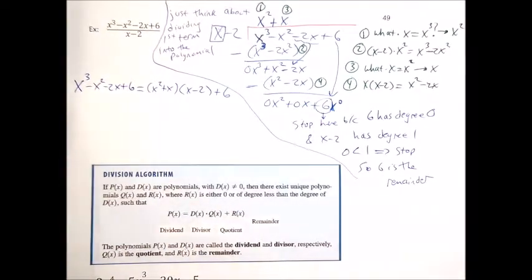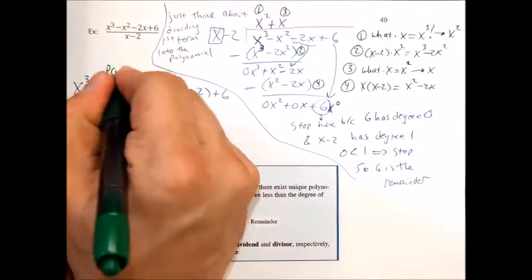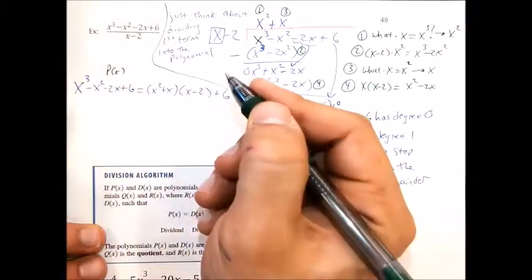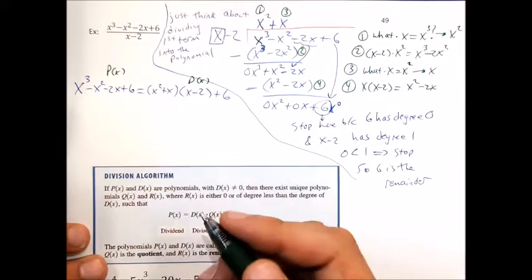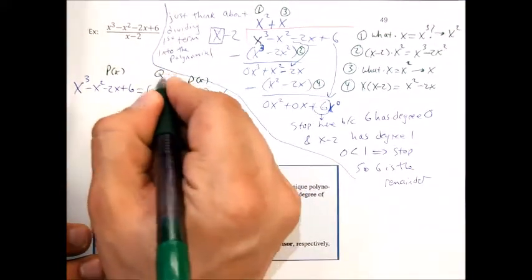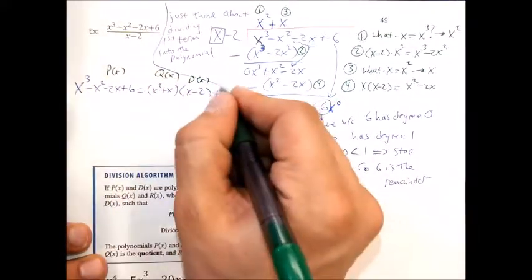So this is in that form. This is my p of x. This is my d of x. I wrote them in the wrong order, but that's okay. This is my q of x. And this is my r of x.